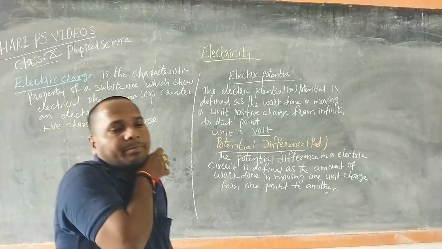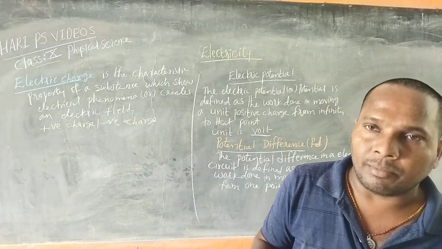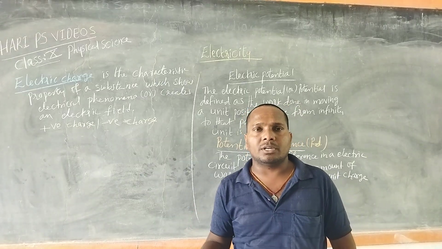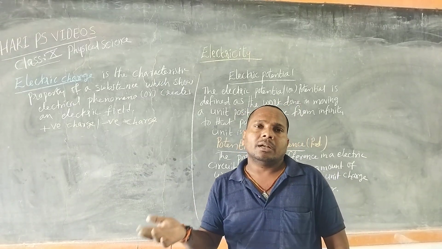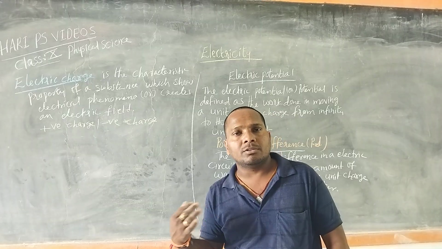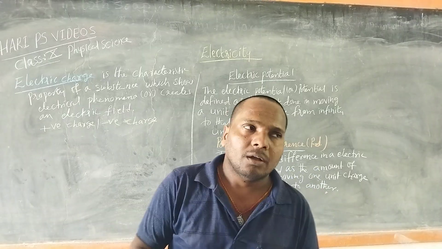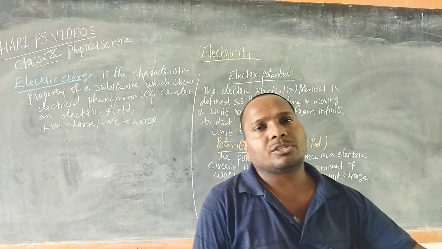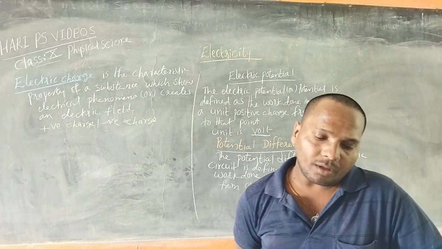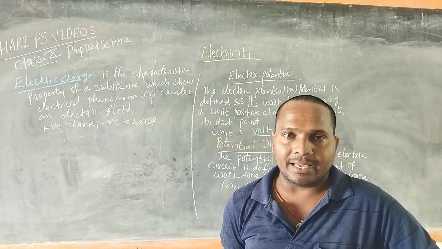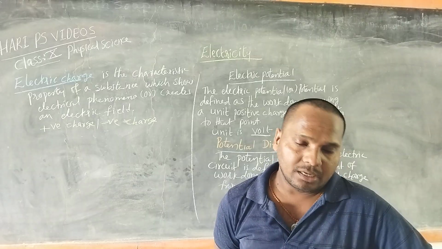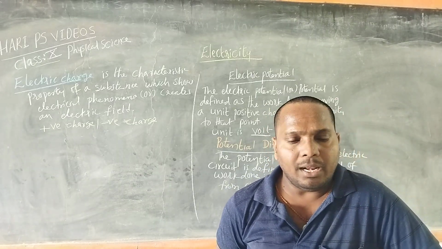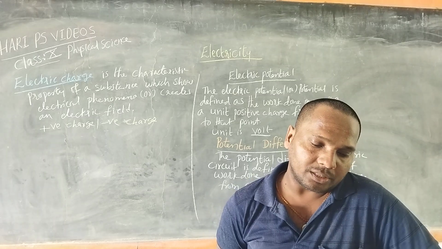In class 8, in the chapter on some natural phenomena, we already discussed that positively charged objects repel each other, and negatively charged objects repel each other. One positively charged object and one negatively charged object attract each other. Opposite charges, or unlike charges, attract, and similar charges, or like charges, repel each other.